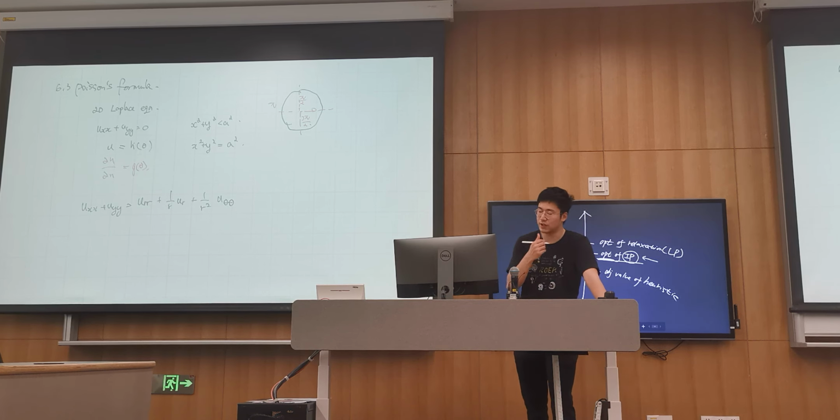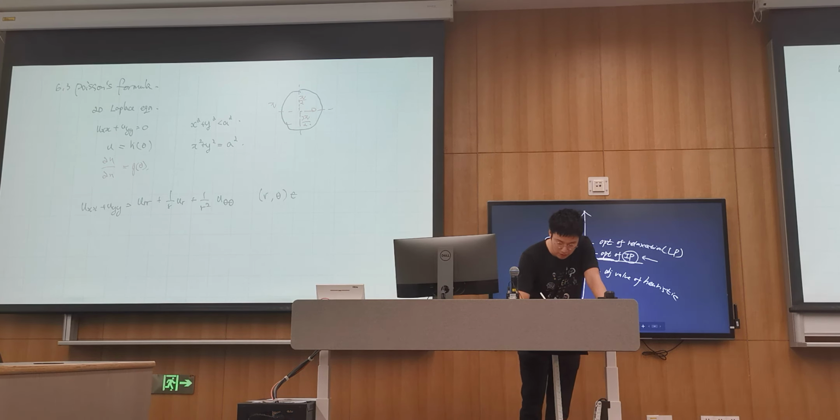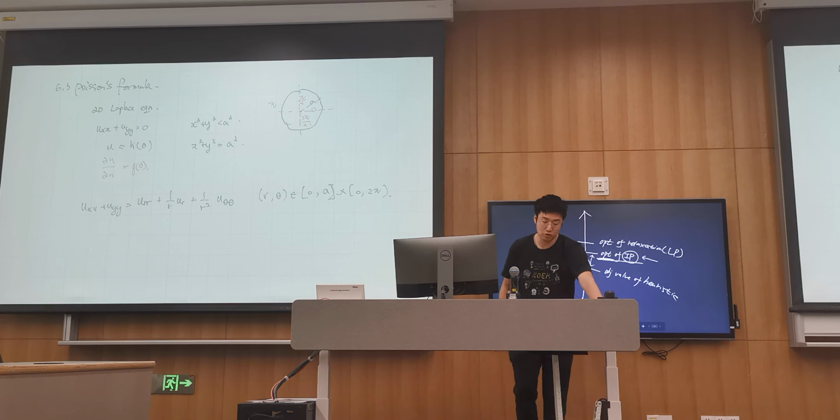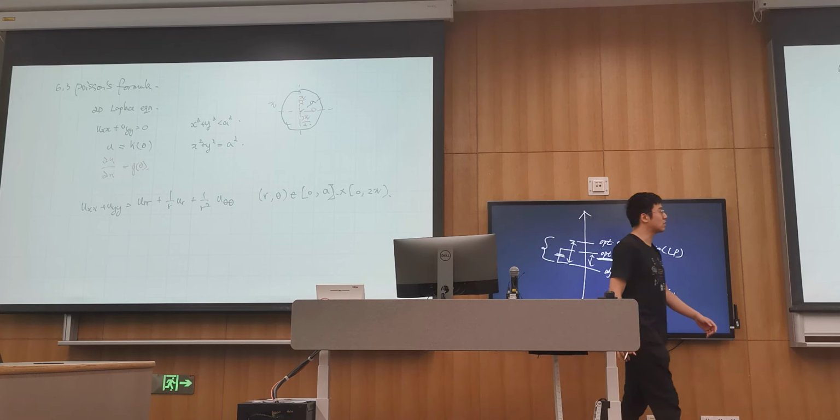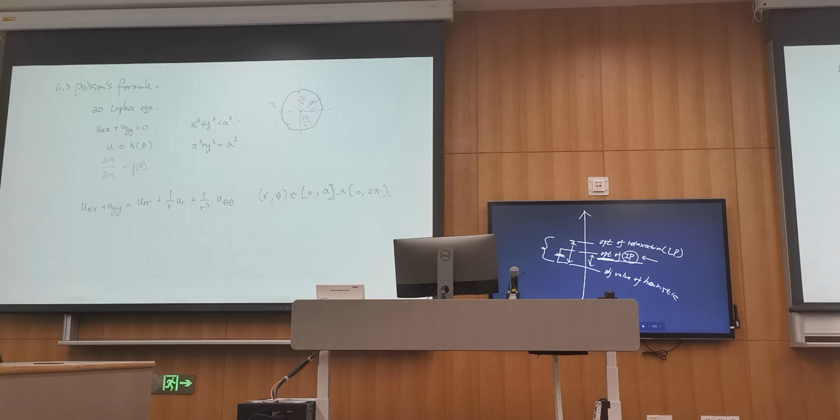What is the domain for r and theta? Our (r, theta) belongs to from 0 to a, because a is the radius of the circle, multiplied by from 0 to 2 pi. This is the domain for r and theta.